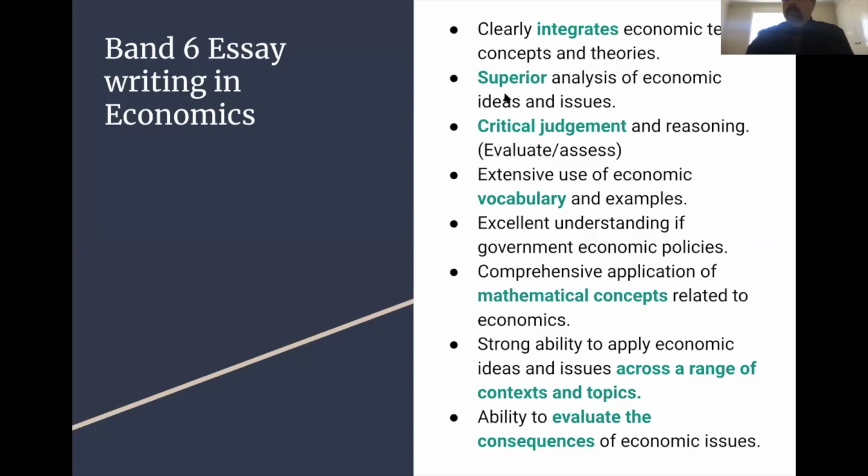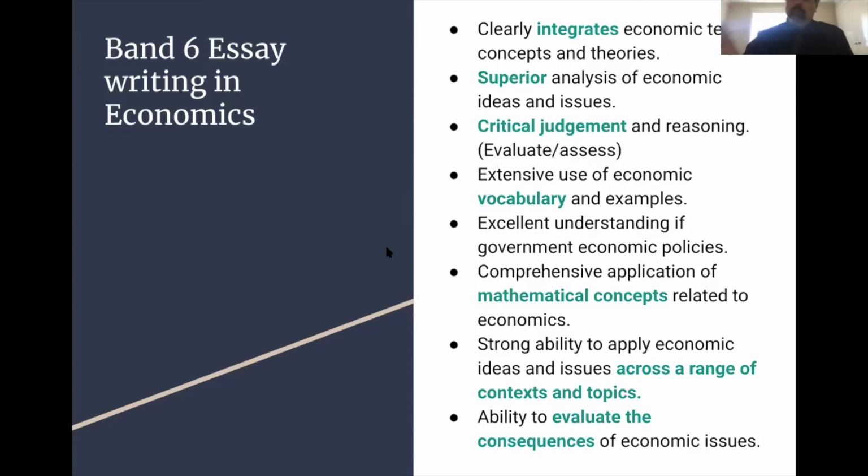Then this notion of superior analysis, so it's not just an explain type or a couple of effects. It's really an in-depth understanding of the knowledge around the question. The questions we looked at required judgment and reasoning. It's an assess question, so to what extent, we're making judgments there.